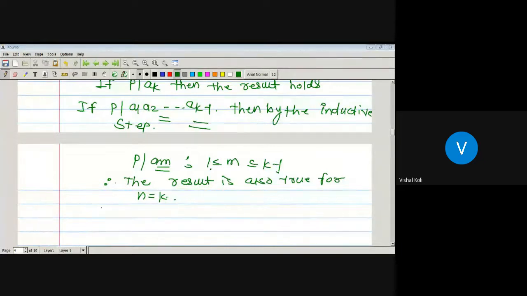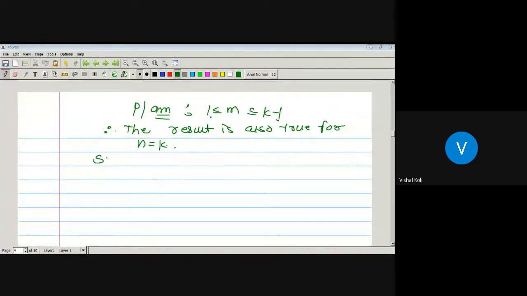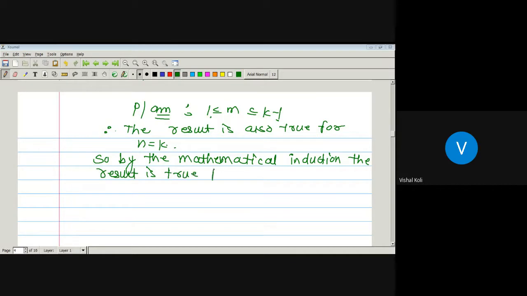So by mathematical induction, the result is true for any integer n.